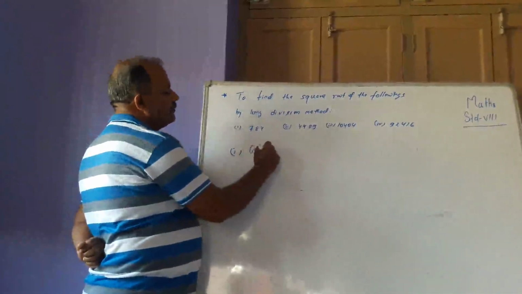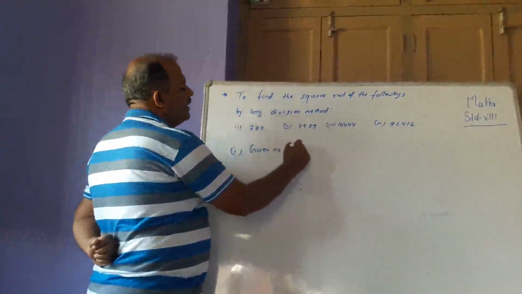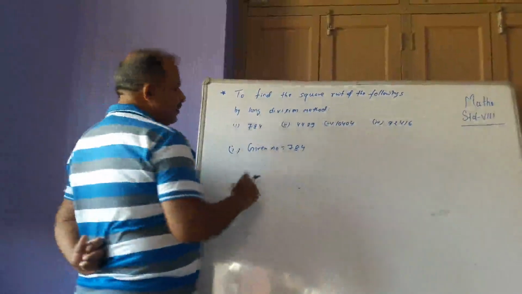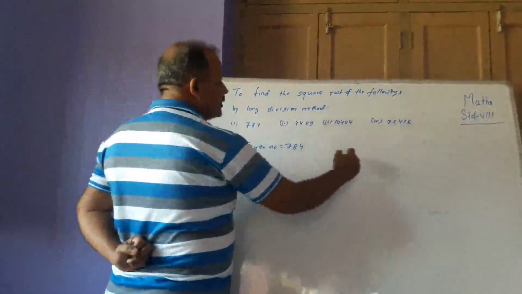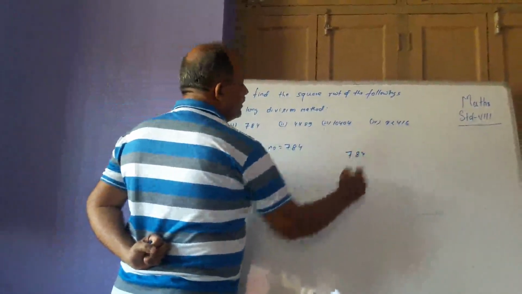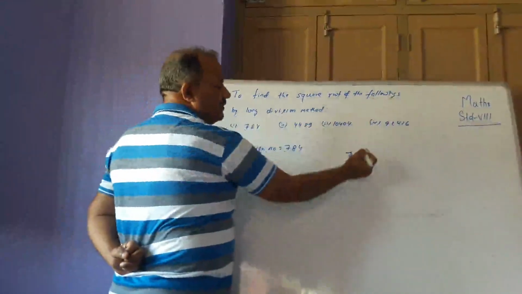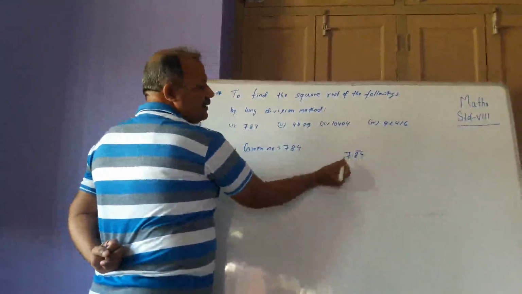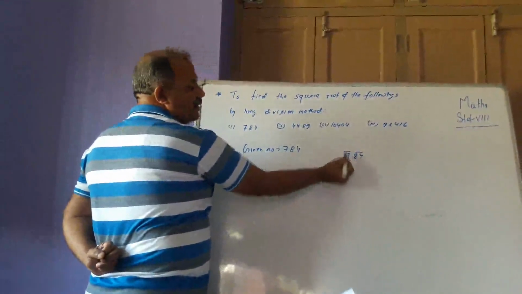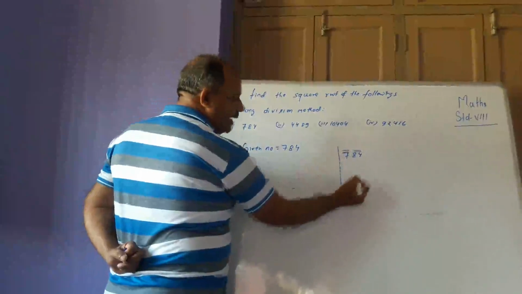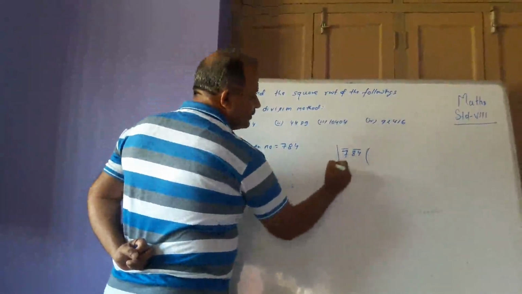Given number 784. First of all, we have to write 784 and then make pairs from the right side. First pair, and in the next, this is not paired, it is alone. Now we have to draw a line in this way.